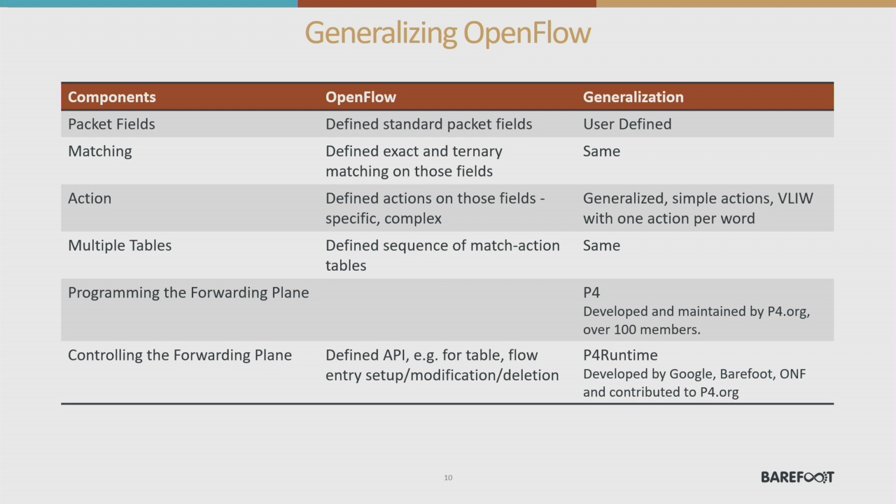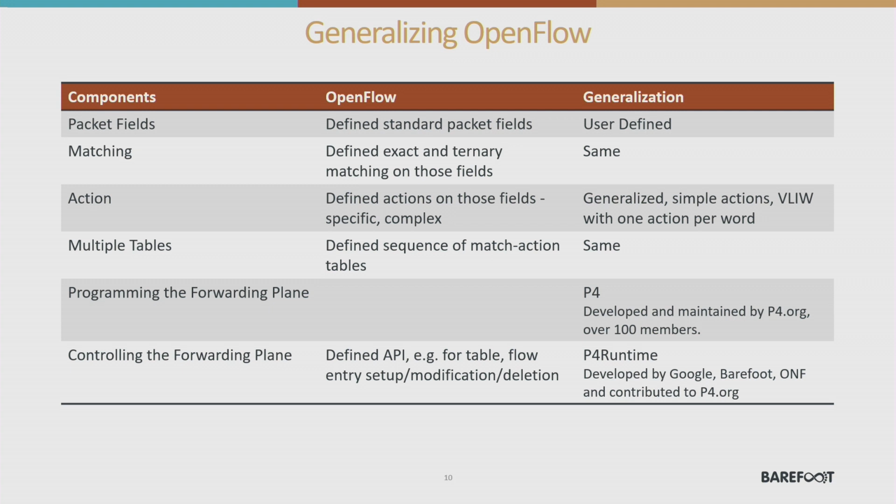That's perfectly sufficient in general. OpenFlow defined actions as a result of these matches. But these were, again, protocol-specific. For example, you could decrement a time-to-live field, but you couldn't increment it. Some of their actions were complicated, such as do a VXLAN encapsulation.